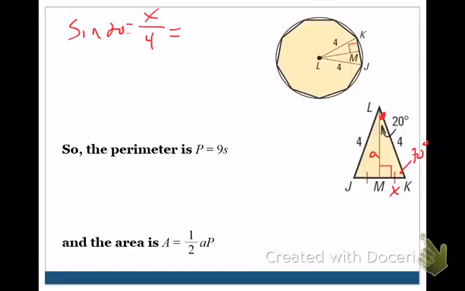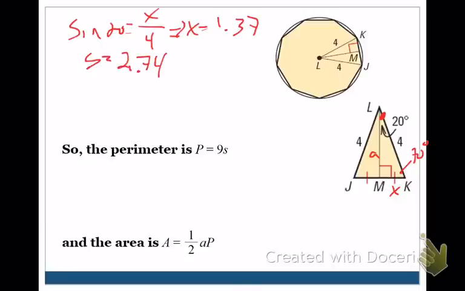Since x is up high, we're going to multiply. Half that side length is going to be 1.37, which we're going to double. So the side length ends up being 2.74.